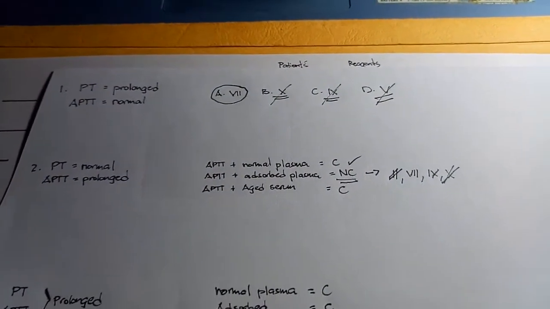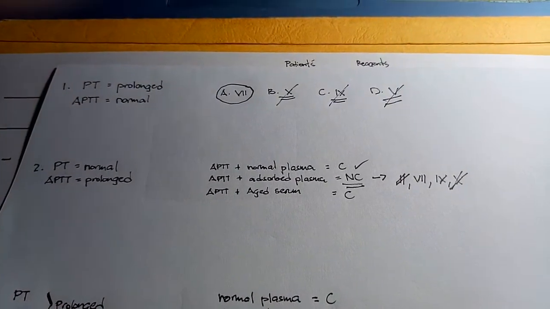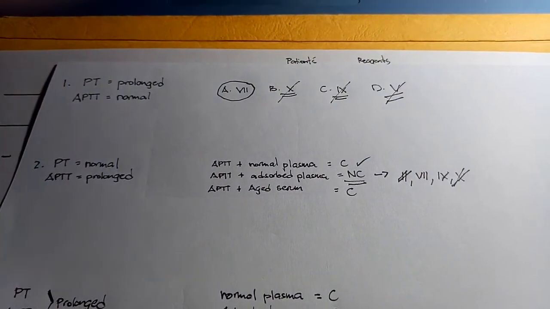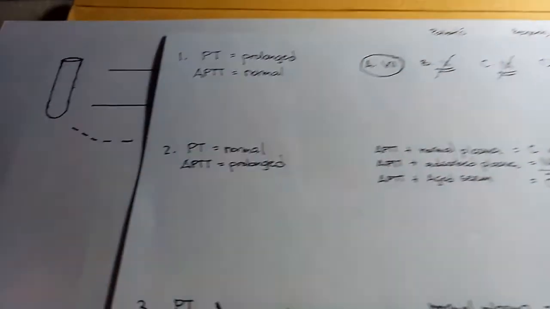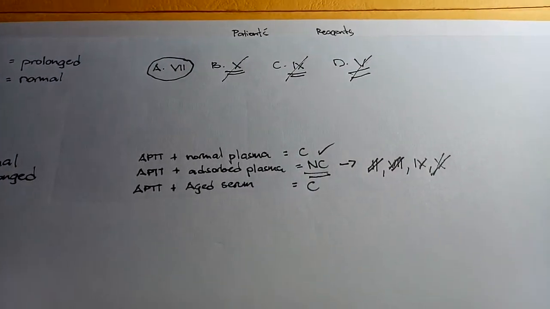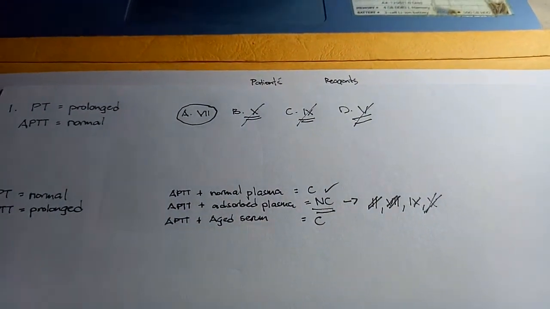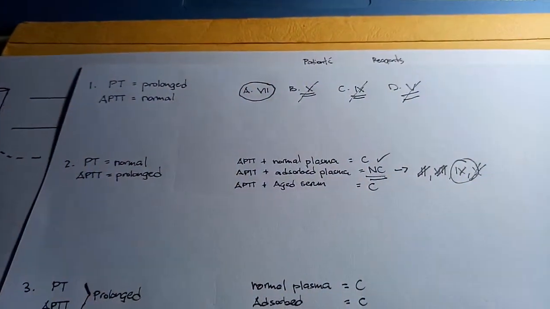Okay? Ngayon, hindi rin pwedeng si factor 7, kasi si factor 7, it belongs to the extrinsic pathway. Titingnan pa lang natin dito, PT normal. So dapat si factor 7 is normal. So most likely our missing factor is factor 9. Tama ba?